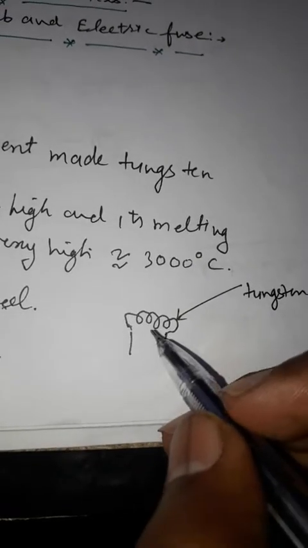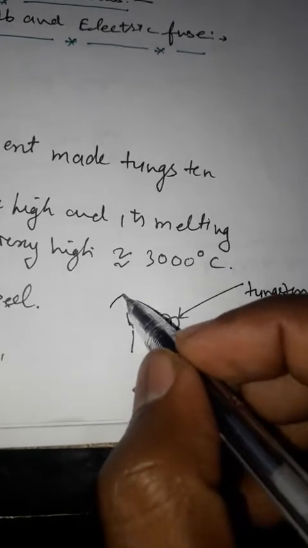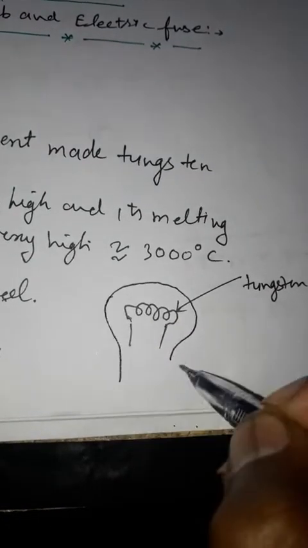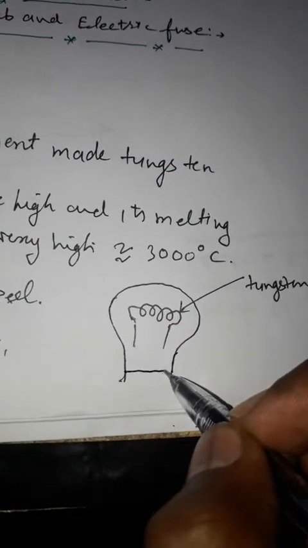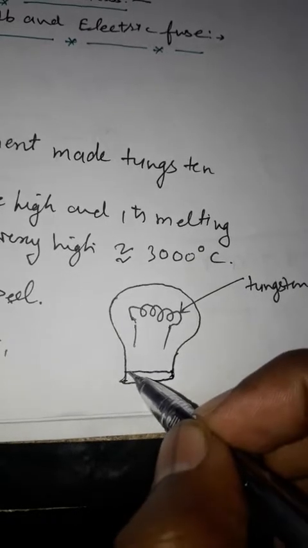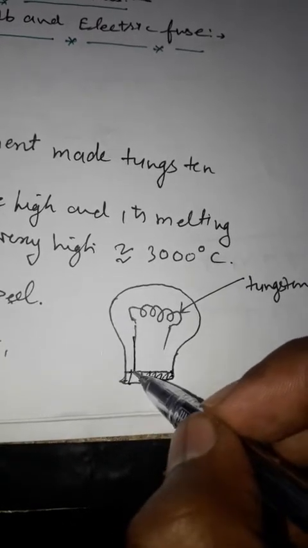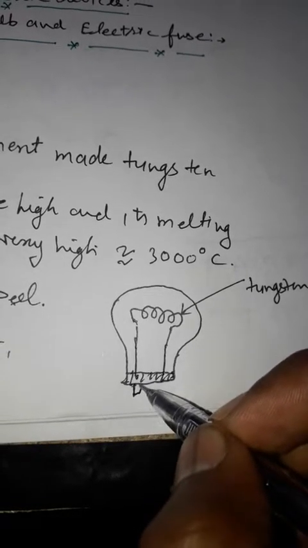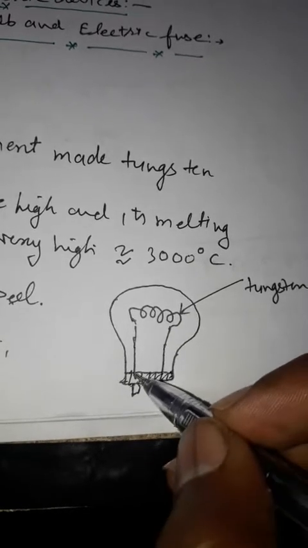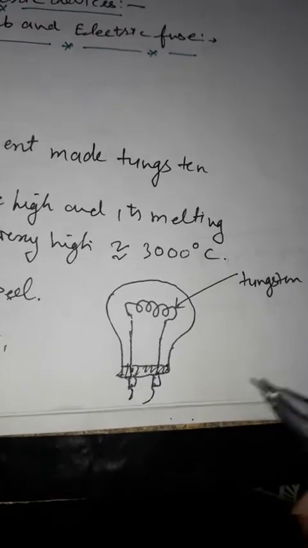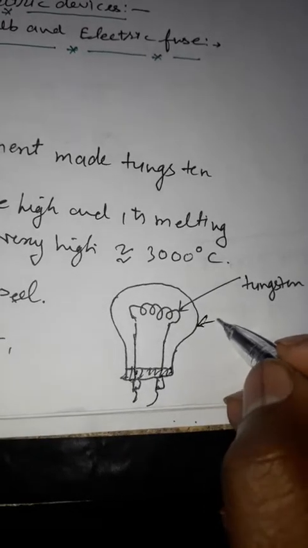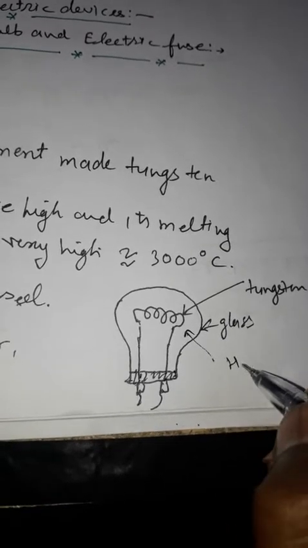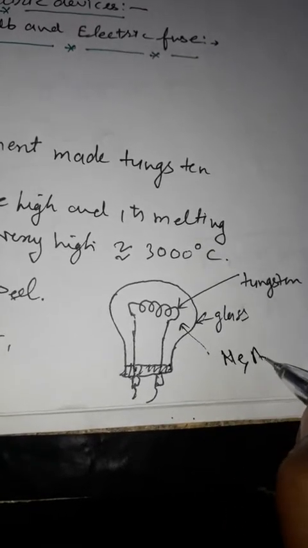Then this arrangement is covered with a glass vessel like this, which is fitted with a non-metallic, or insulated, base, with two points connected to the tungsten wire for the electrical contact. In this glass vessel there is inert gas, neon and argon.